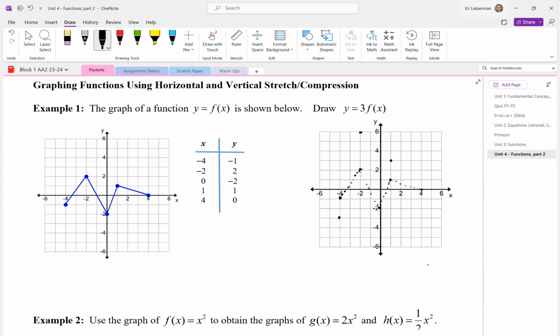This is a vertical stretch. The y values are being multiplied by a factor of 3, which results in a vertical stretch. So we have this to this to this to this. Looking at the original compared to this, you see the vertical stretch.